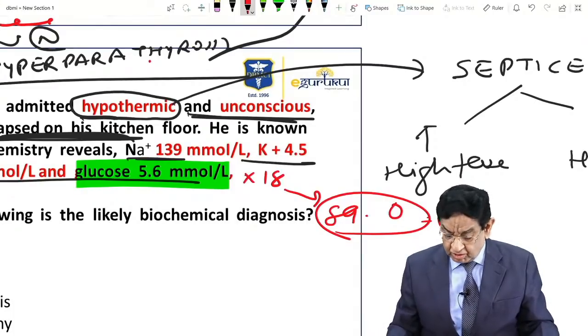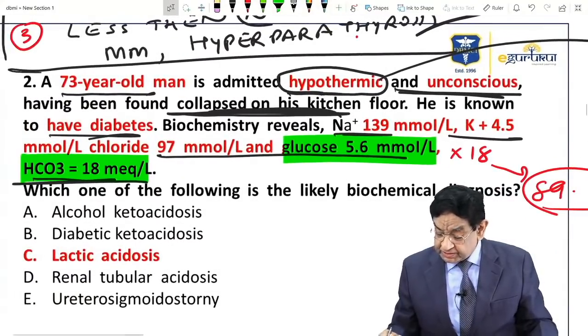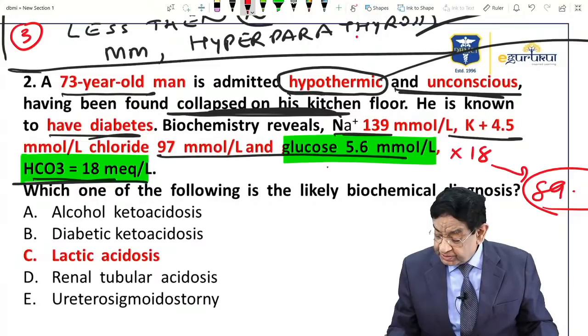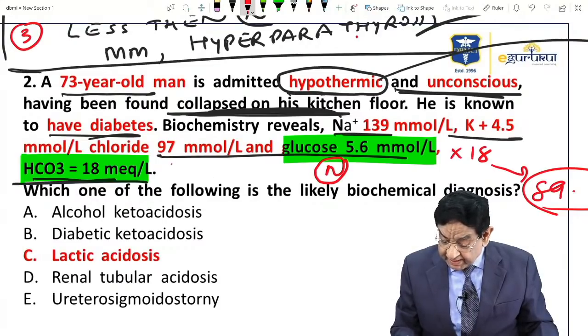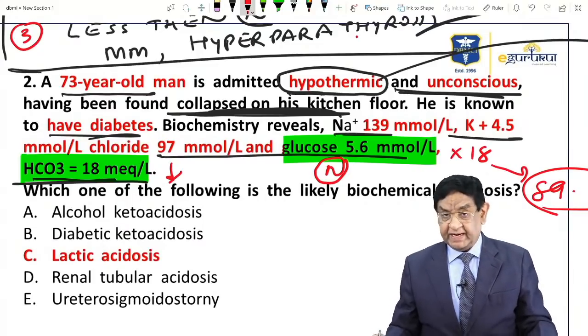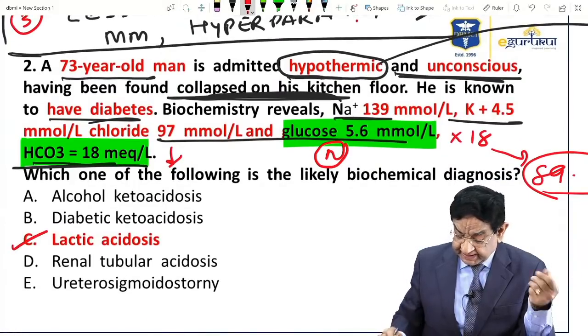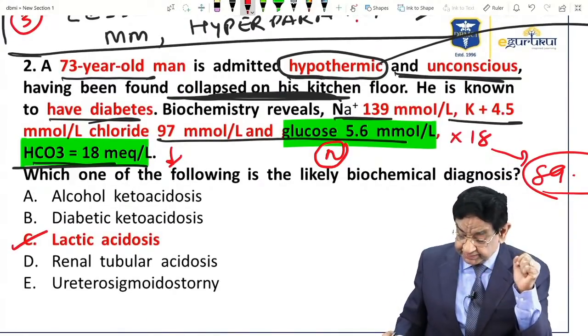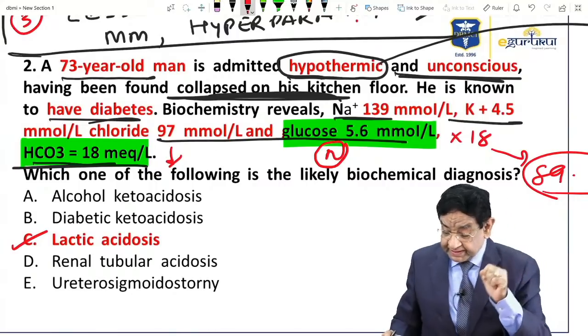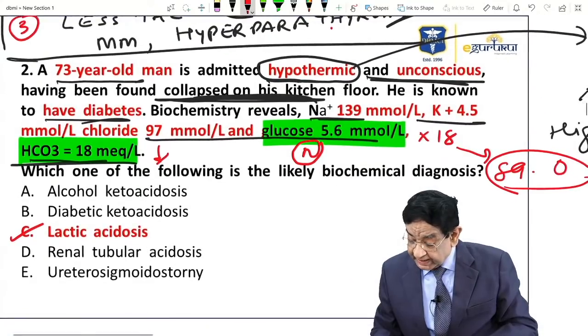So what we got is normal sugar. Glucose level is normal. Bicarb is reduced. Metabolic acidosis is there, and he has hypothermia. So the answer to this question is lactic acidosis.